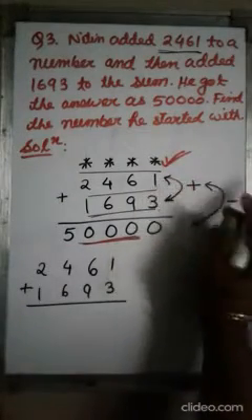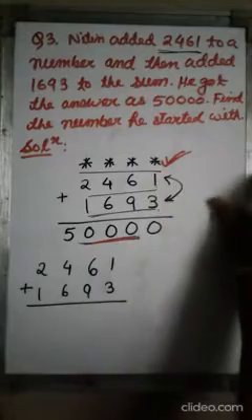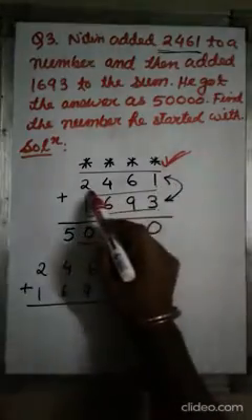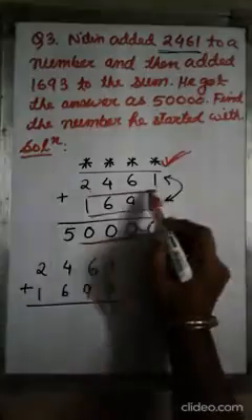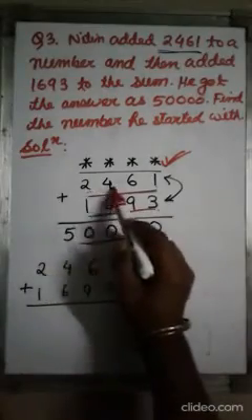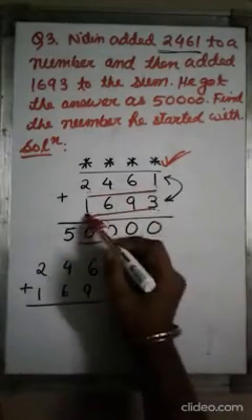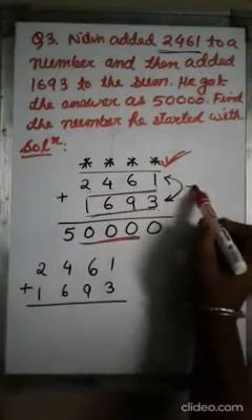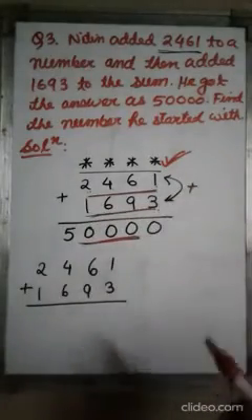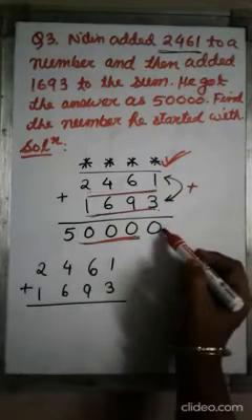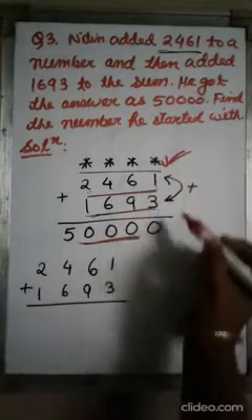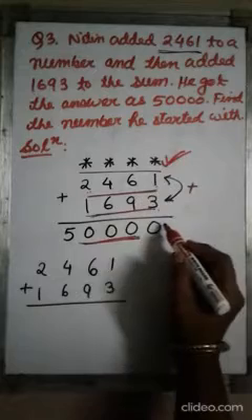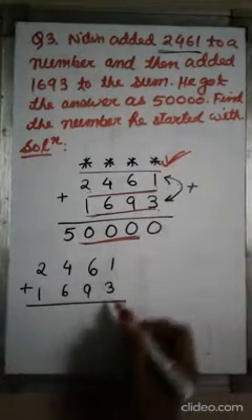In our first step, we shall add these two numbers, 2461 and 1693. If we add and then subtract from 50,000, we get this number. Let me add these two numbers first.